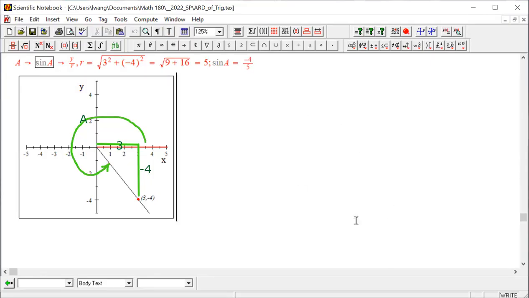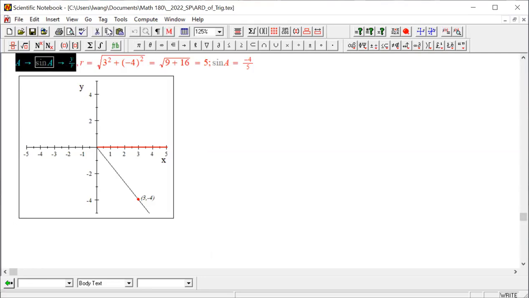Now let's summarize from this example. What have we learned? For the sine function, by definition, we have that stage set: standard position, angle measurement, reference angle, and definition.